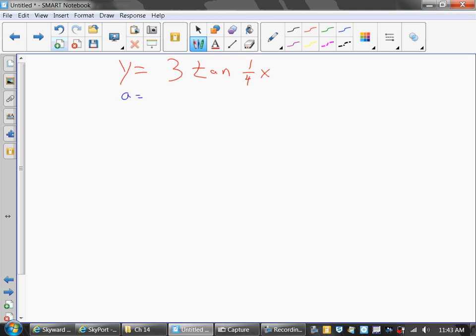How much is it? Your B value is 1/4. So that means your period is going to be pi divided by 1/4. What's your period? 4 pi. So your period is 4 pi. Where are your asymptotes then? 2 pi and negative 2 pi. Excellent.